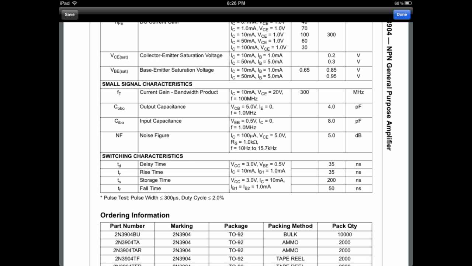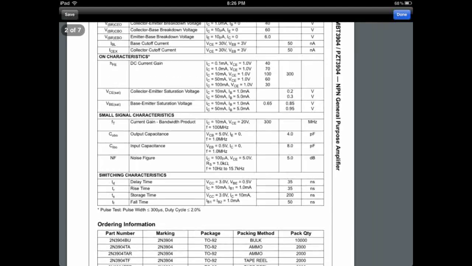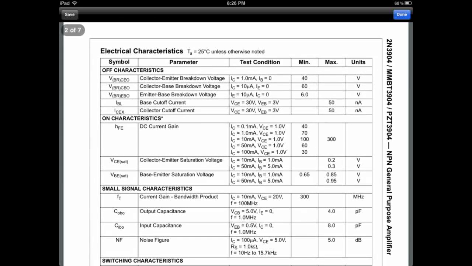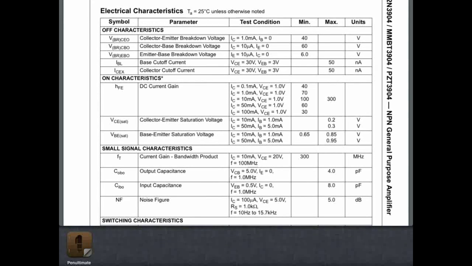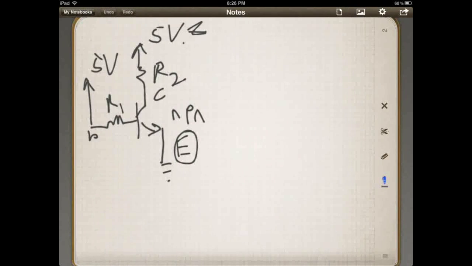How hard on it is, is determined by that simple little equation that I showed you: IC equals beta times IB. For that transistor, generally you could be from 100 to 300 depending on what you're doing.